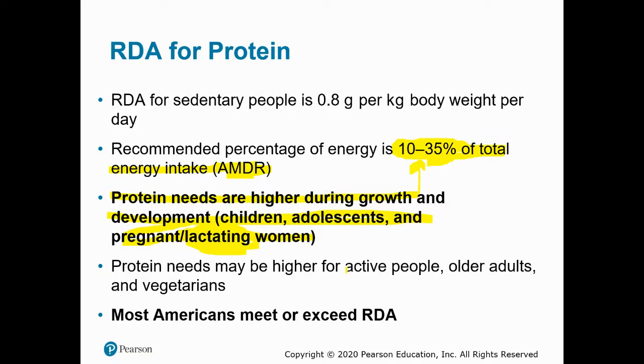Also, people who are very active, like elite athletes in particular, and even older adults, because their protein digestion and protein synthesis may not be as efficient, there may actually be a higher need for older adults and very active individuals.